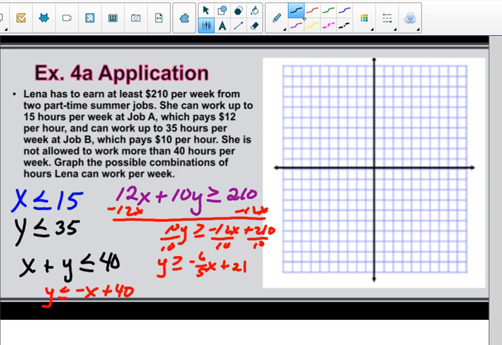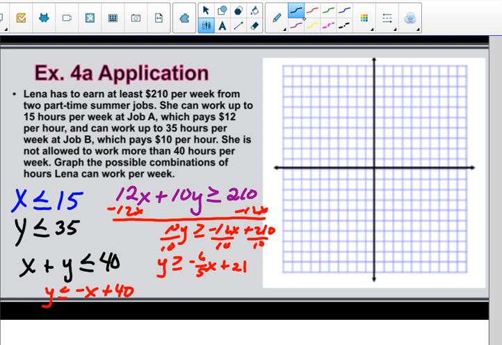So we don't have to worry about all the other parts of the coordinate plane. So to make it easier, since most of them are multiples of 5, we'll just count by 5s.